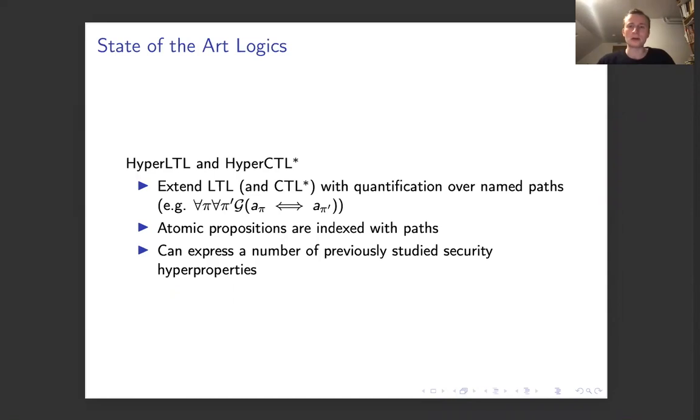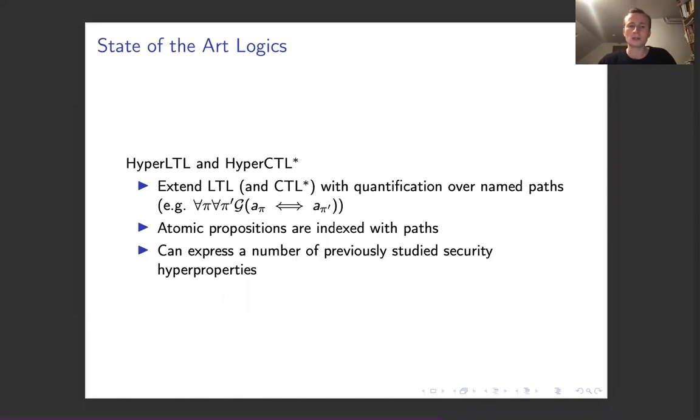As it turns out, there are already several temporal logics that are able to express hyperproperties, but today I have chosen to present just two of them because they motivate our own work, namely HyperLTL and HyperCTL star. And what these logics do is they take LTL and they take CTL star and they add quantification over named paths.